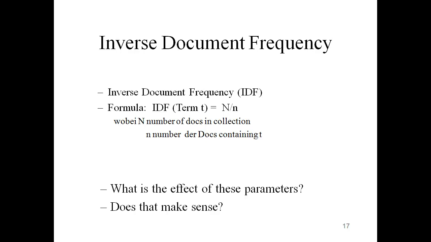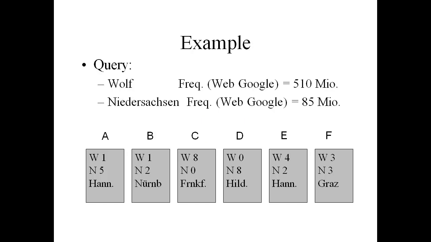And as I said, yes, it makes sense. So we end up with inverse document frequency: number of documents in the collection over number of documents in which this occurs. The higher this is, the more informative the term is. Now again, we can come back to our example. I looked it up, at least according to Google.